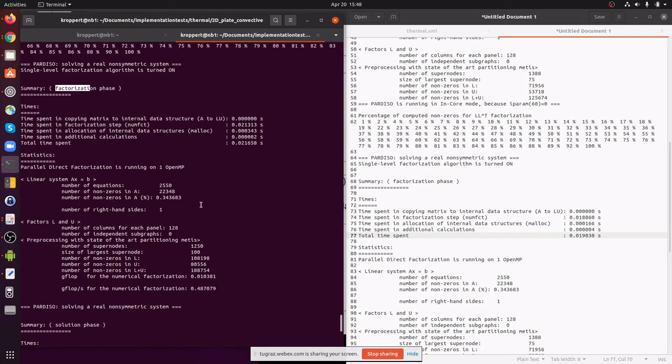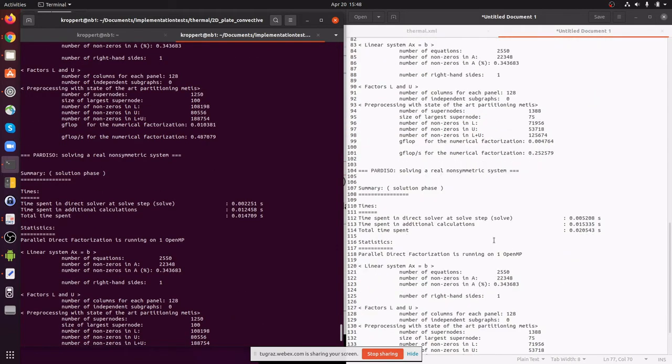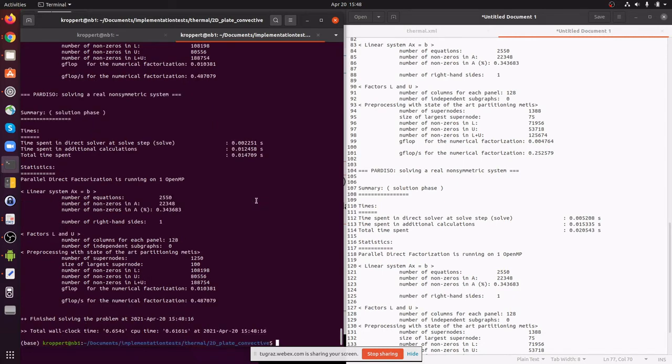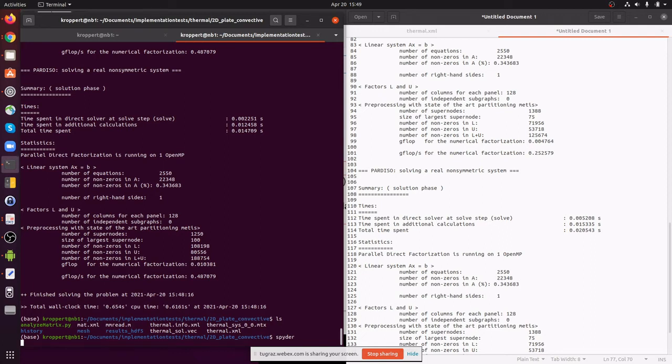The solving might be influenced as well, but not as dramatically as the factorization. In fact, it's actually a little bit faster. But we can observe it a bit clearer if we look at the system matrices directly.